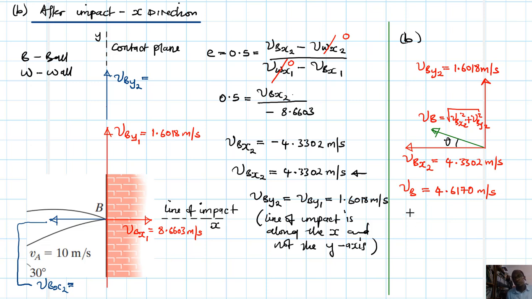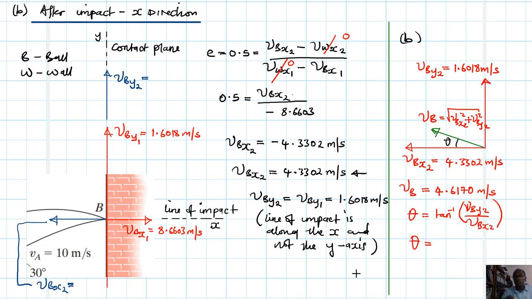And then we do have theta. Theta is just tan inverse of V_BY2 divided by V_BX2.